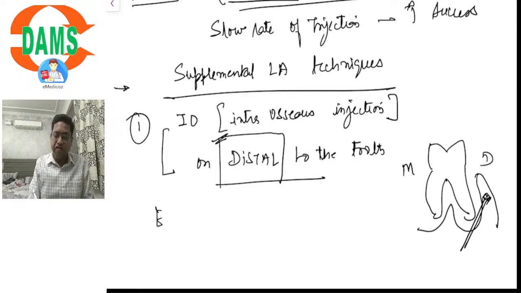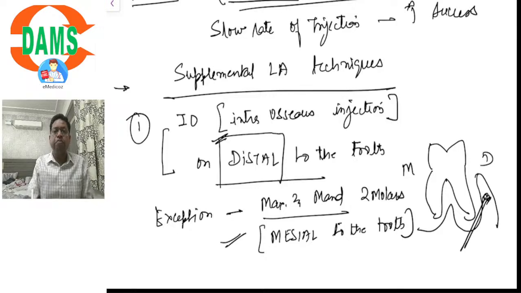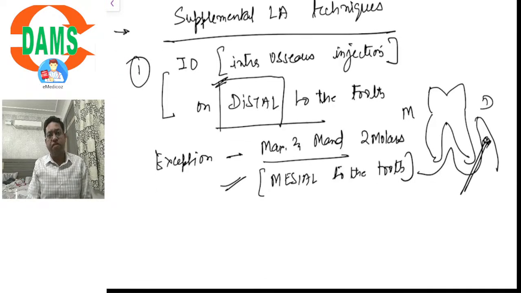The exception to this rule are the maxillary and mandibular second molars. Whenever we have to give these intraosseous injections in such situations, the site would be mesial to the tooth. Otherwise, for all groups of teeth, it is distal.